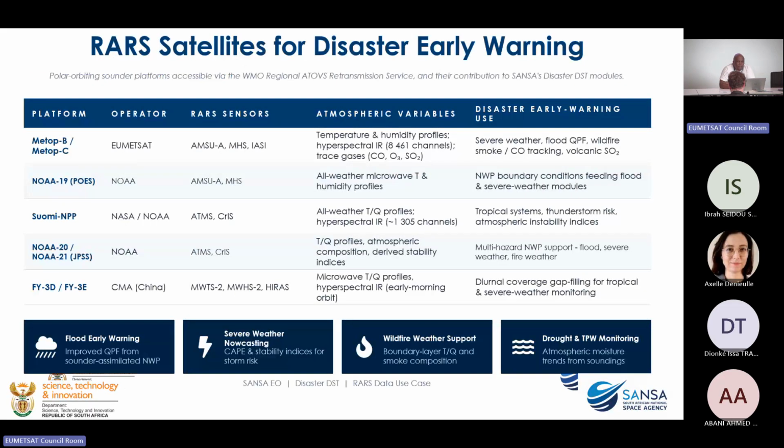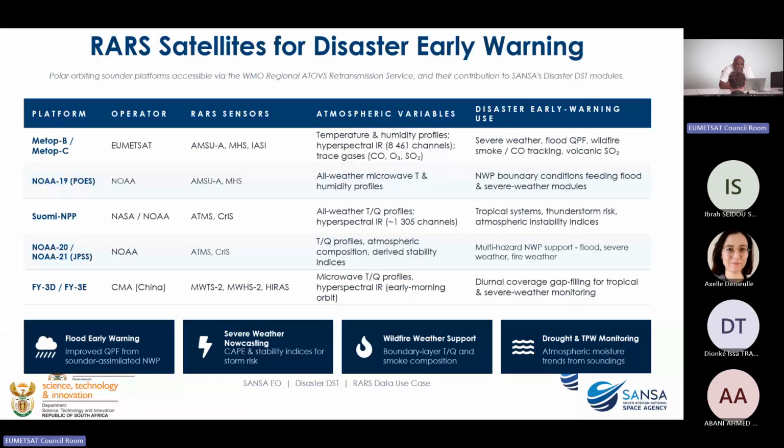Under the RAS satellite disaster early warning, this is information coming from Earth observation. This is the intended and the current use of the SEWA data, or SAWIDRA data. These are the satellites that are going to be monitored, and sensing equipment.